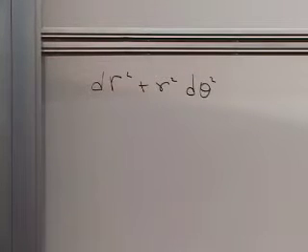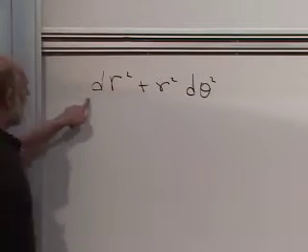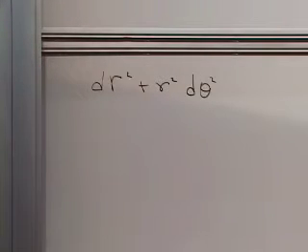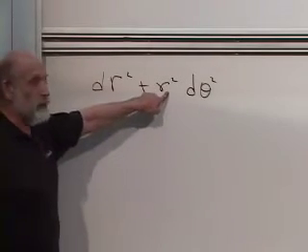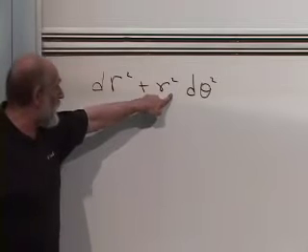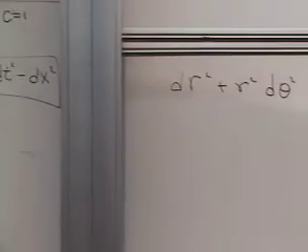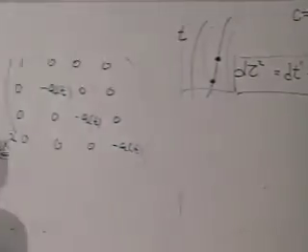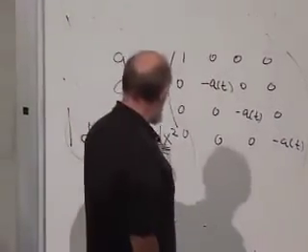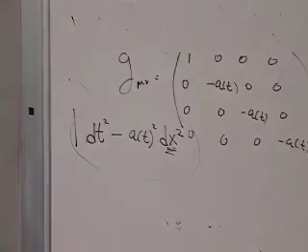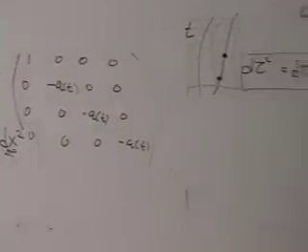The r squared is like dt squared, and r squared itself is like a squared. It's a function of t. Here, r squared is a function of r. So there's a similarity between this formula here, dt squared minus a of t squared dx squared, and the dr squared plus r squared d theta squared.